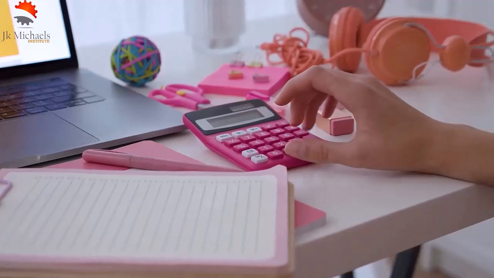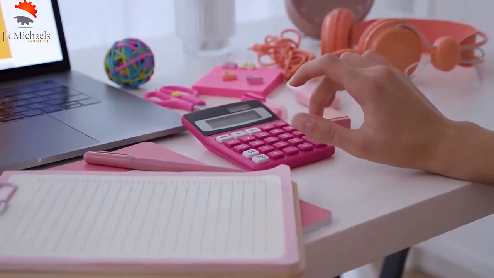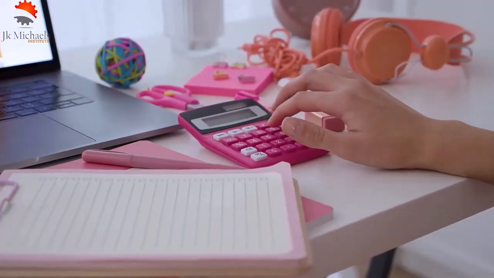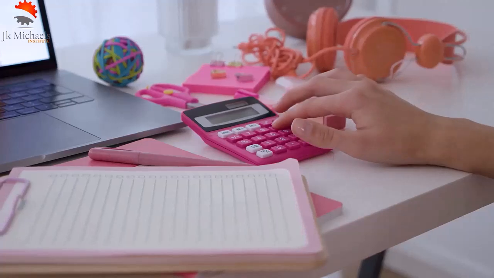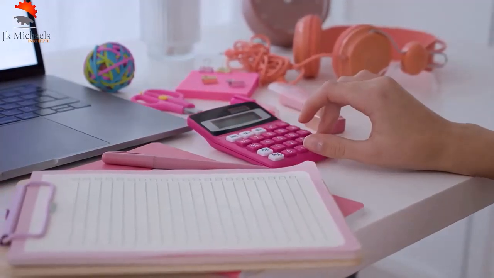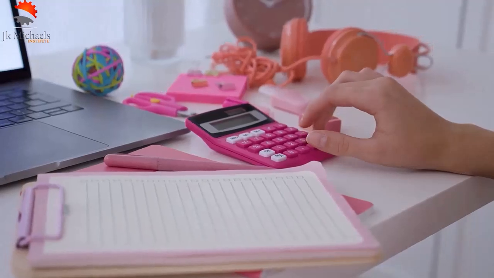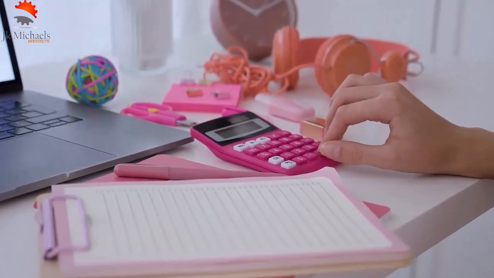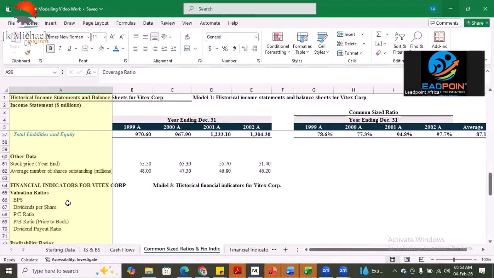Now, valuation ratios consider the value that investors place on the firm in tandem with the value they receive. So the value they receive will reflect the sentiments of the market concerning the business.